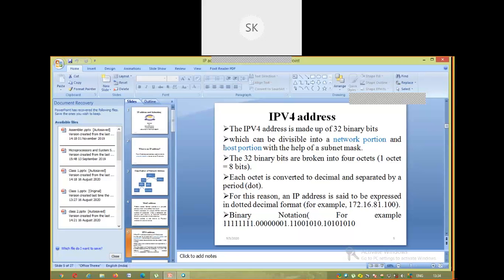Now what is network and what is host? Okay, if we consider Assam Downtown University as a network, under this network we have lots of branches.